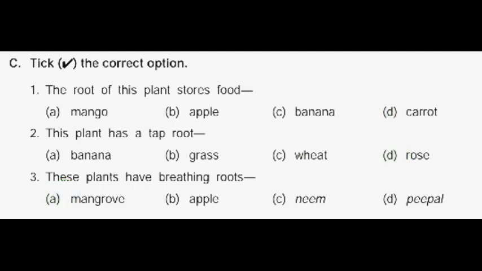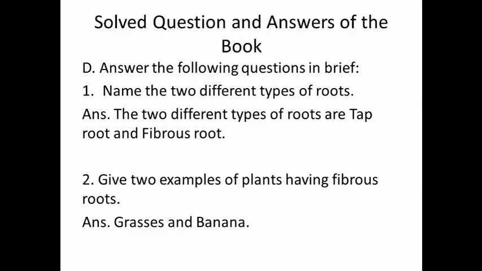Okay, now next, I have also given the solved question and answers of the book. So you can take a screenshot of this and copy it down in your copies. So the first question is, name the two different types of roots. So what is the answer? The two different types of roots are taproot and fibrous root. Now next, give two examples of plants having fibrous roots.